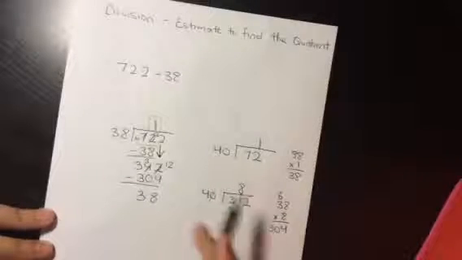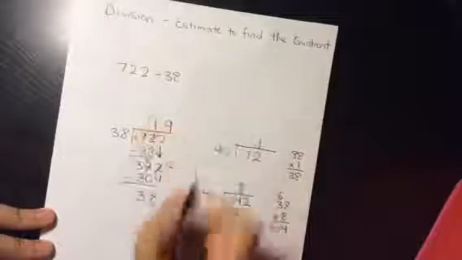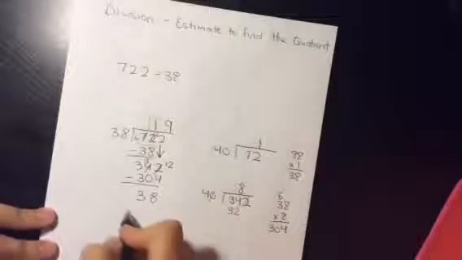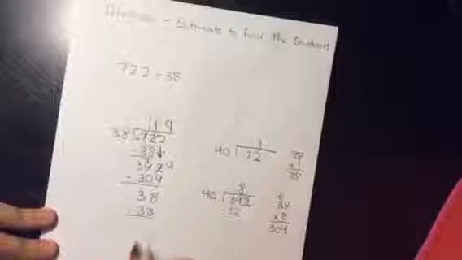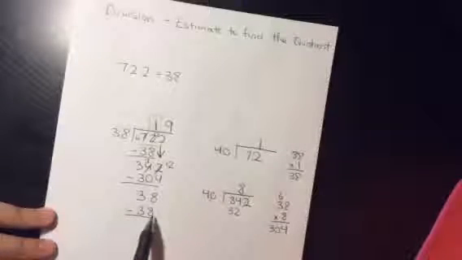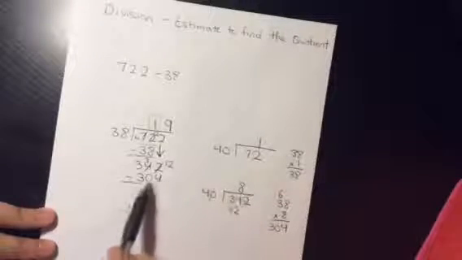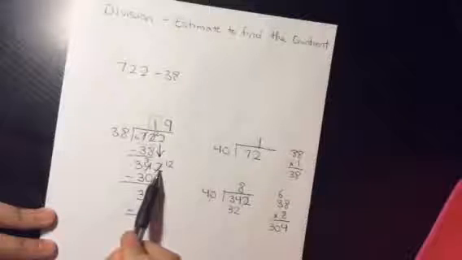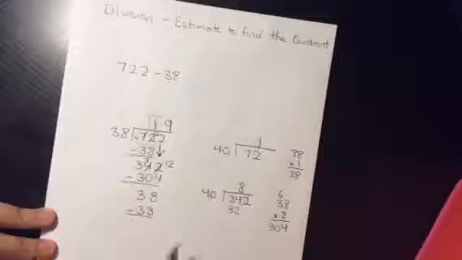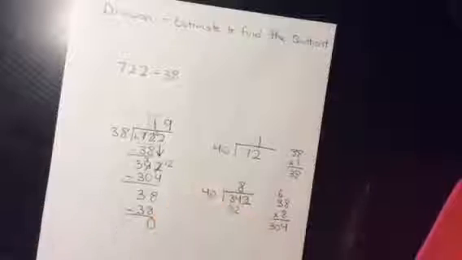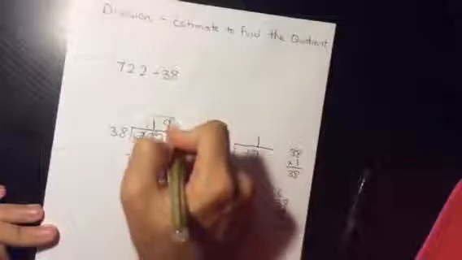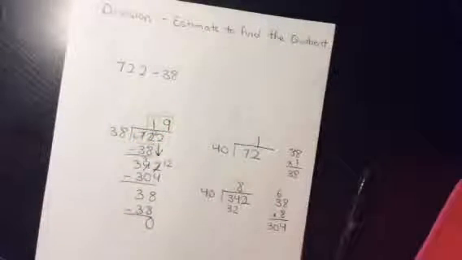So this 8 will now turn into a 9. I'm able to put it up now because as soon as I subtract 38 again, that is me actually dividing my number 342 by 38 and getting 9. Now I can put my 9 in the box because for sure it worked.